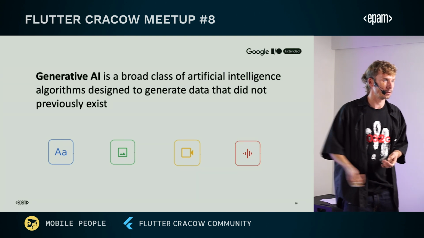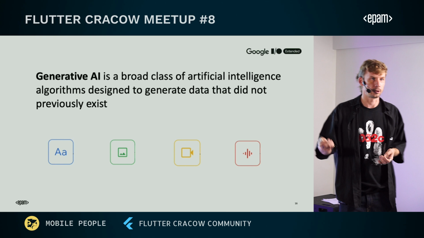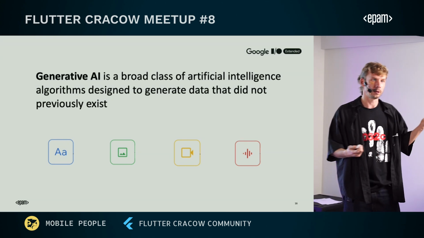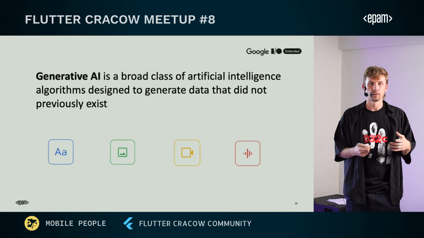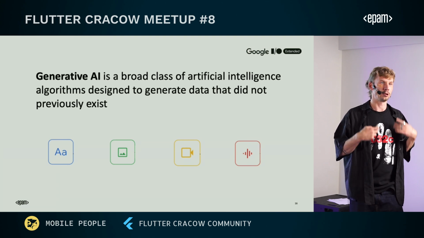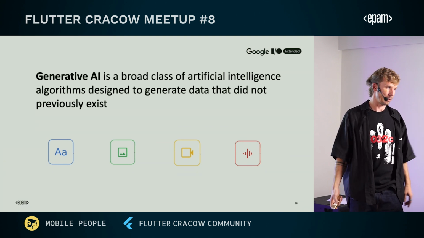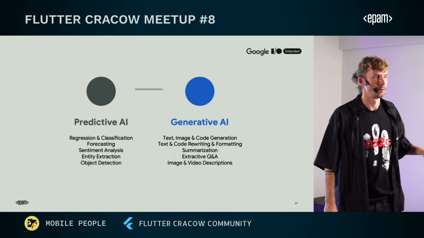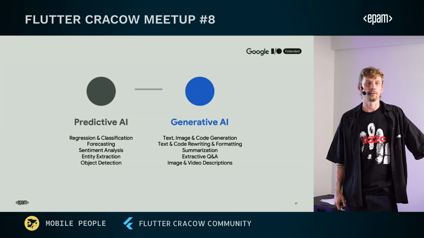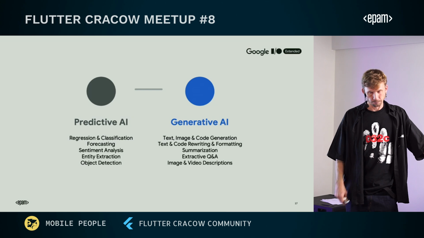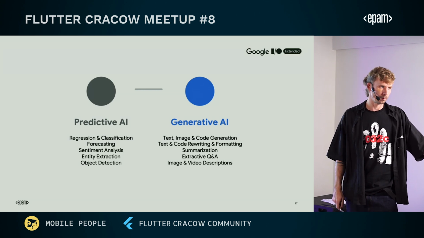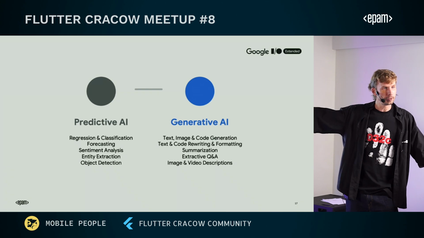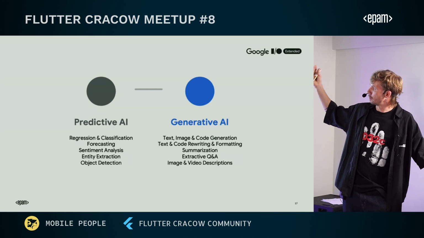It can be text, image, video, sounds, even music, but something generated by AI, in comparison with the classical AI that people usually used before generative AI came. So it was predictive AI and generative AI.